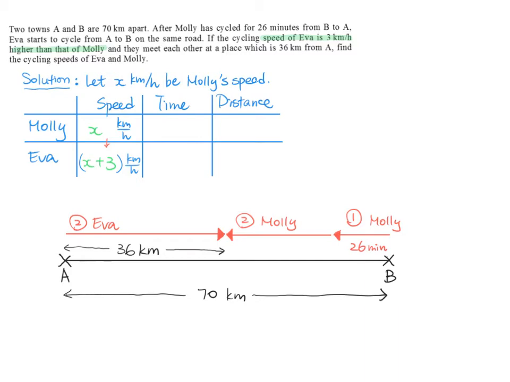From this point, the time part is actually not that obvious. So maybe let's move on to the distance part first. If we look at the diagram here, it's pretty obvious. Eva has traveled 36 km. We can easily see that Molly has totally traveled 70 minus 36 km.